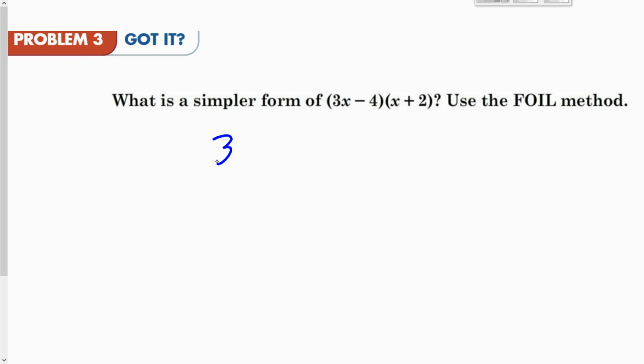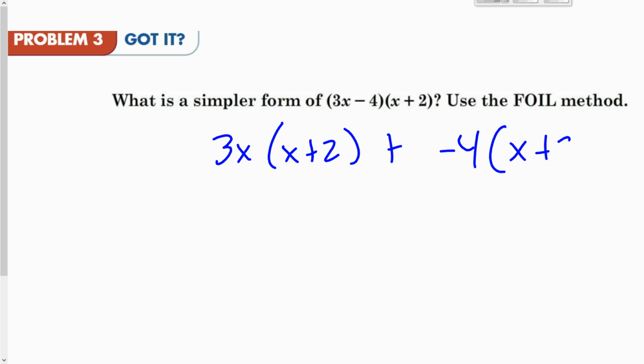Here I'll go ahead and distribute again. I already did 3x, so now I have to do the negative 4. So the negative 4. This method works good when you start going backwards, when you're factoring, when we're dividing out by grouping. It's the same kind of way here, just in reverse.